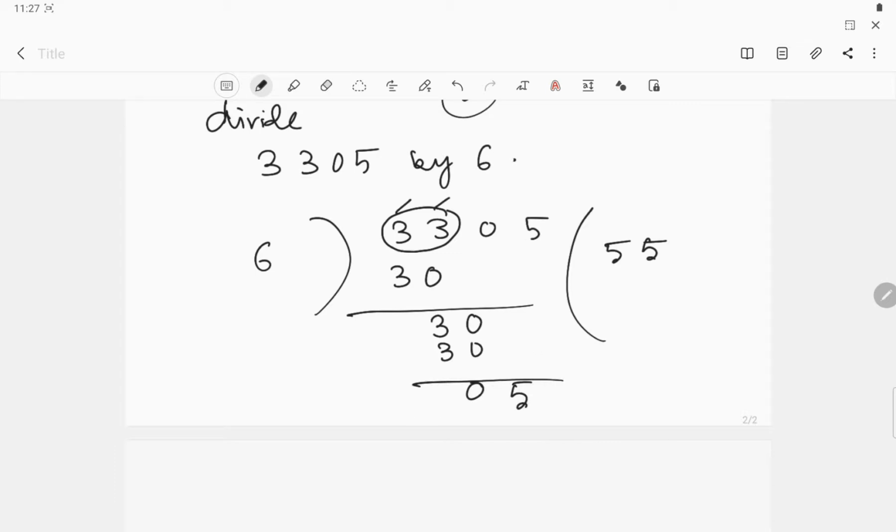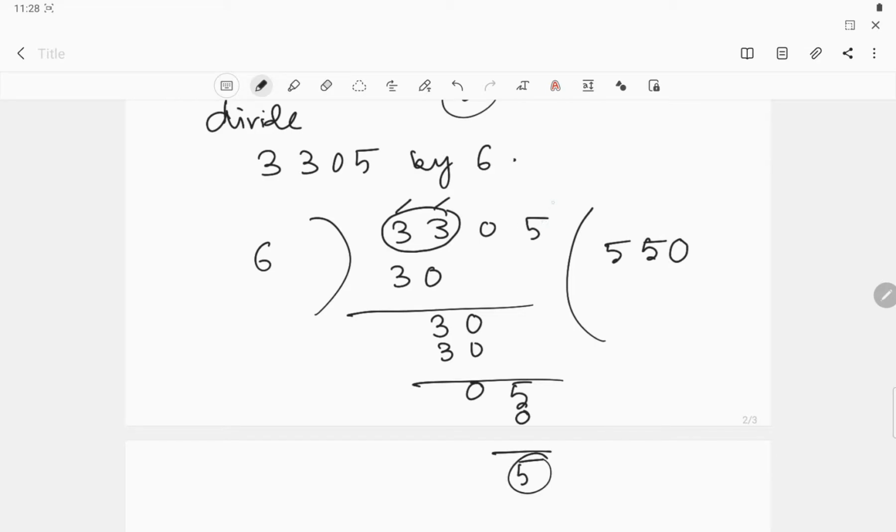Now copy 5. Here is another thing. After taking 5, you have to write 0 in the quotient, because 6 zeros are 0, you will get 5, and this 5 is the remainder.